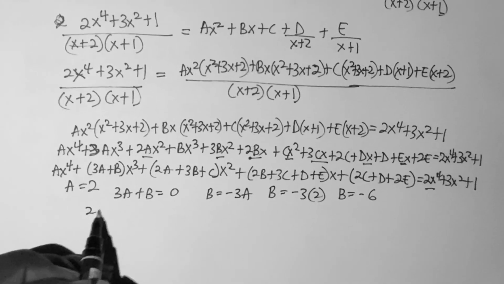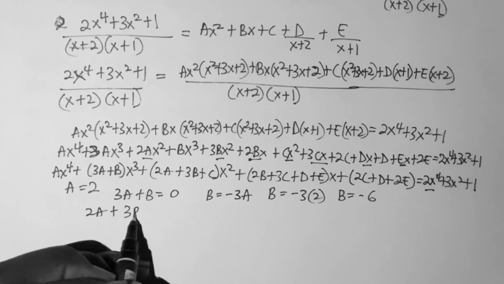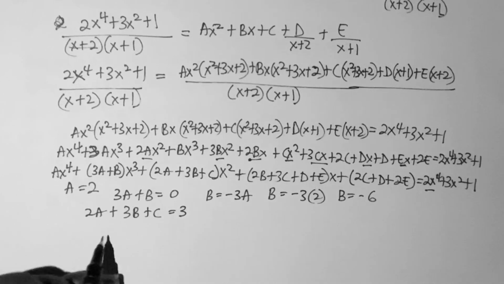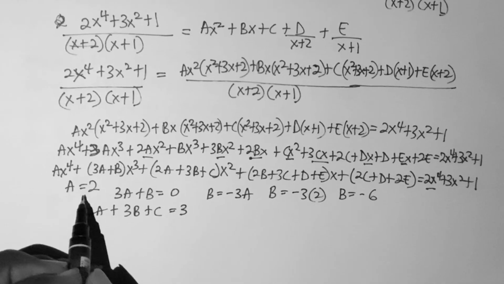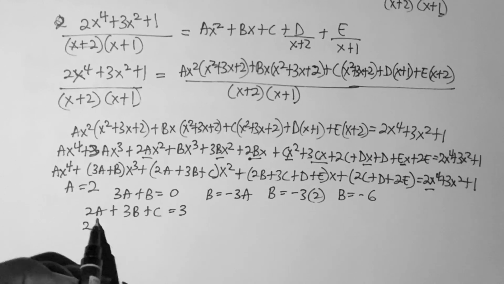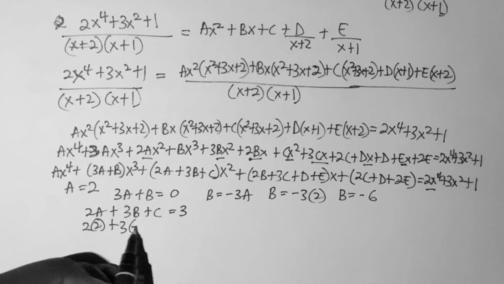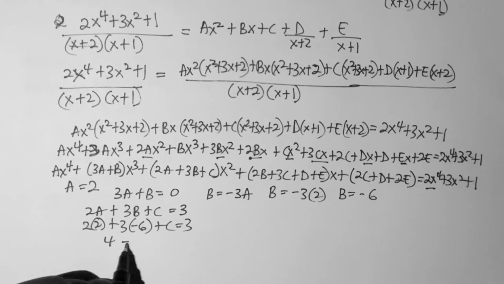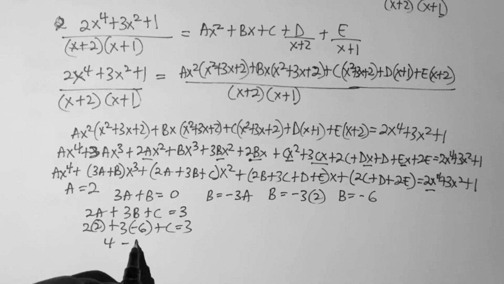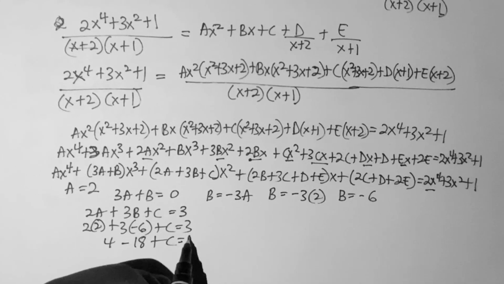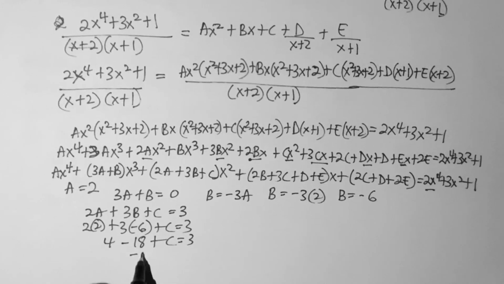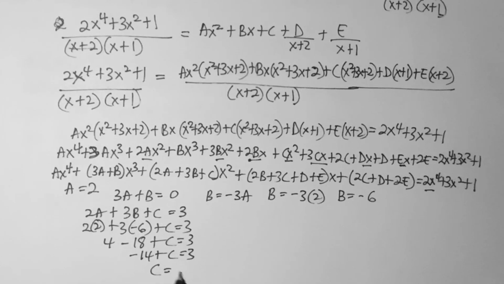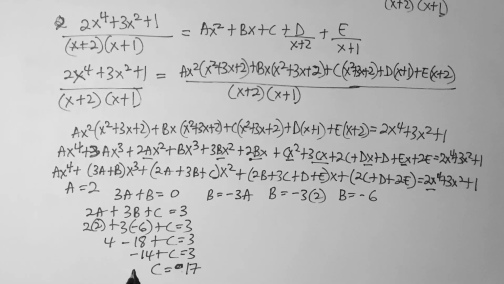Then now, we have 2a plus 3b plus c for x^2. Here's 3x^2, so that's equal to 3. But we know that a is equal to 2 and b is equal to minus 6. So 2 times 2 plus 3 times minus 6 plus c is equal to 3. So 4 minus 18 plus c is equal to 3. So minus 14 plus c is equal to 3. And therefore c is equal to 17. So we now know c.